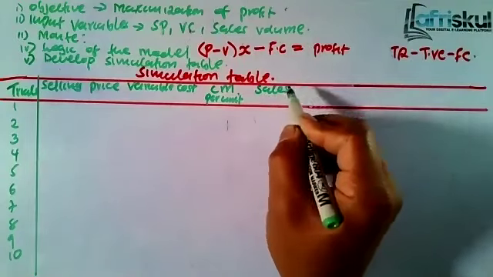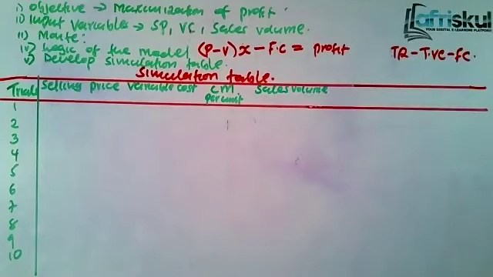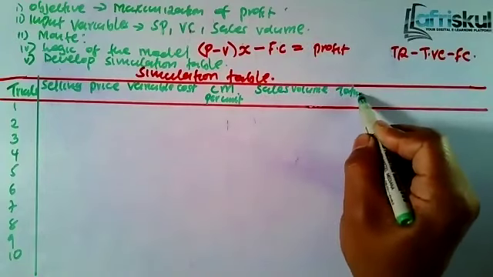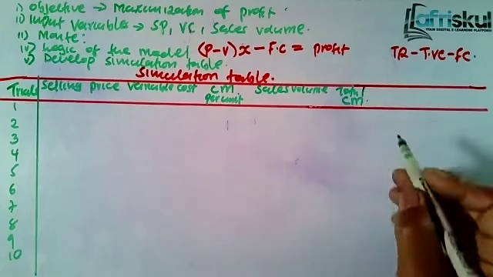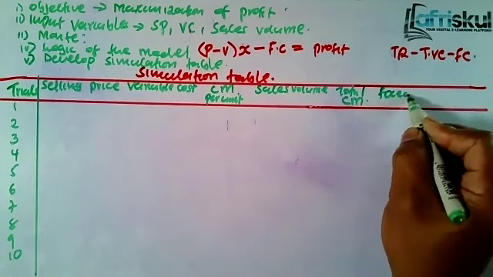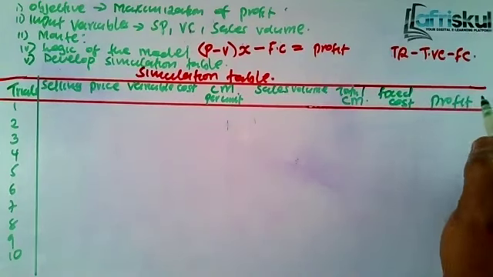You multiply by the sales volume so that now we can get the total contribution margin. Then you minus the fixed cost so that you can get your profit.